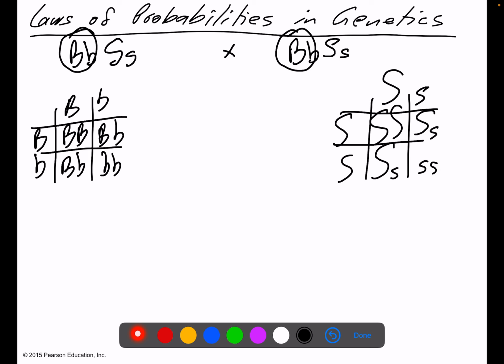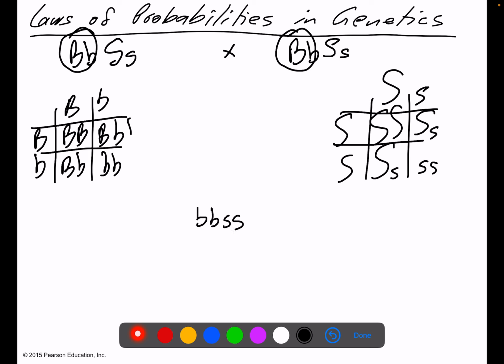All right, what if we had been asked, what are the chances? See, not ratios, not 1 to 1, 1 to 2 to 1, 3 to 1, 1 to 0. We're not being asked that. We're being asked, what are the chances of getting a child that is born with little b, little s, little s?